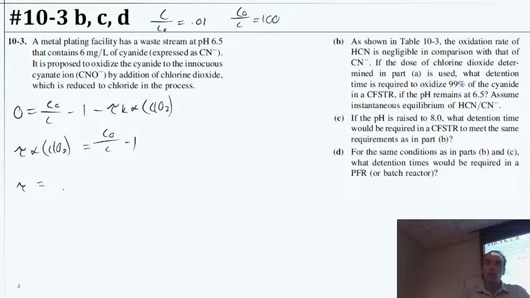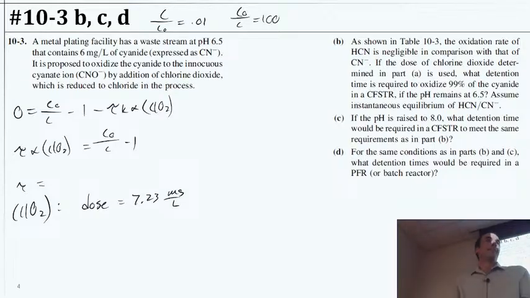All right, so when we solve this from here, well, we need the chlorine dioxide dose, right? So what is ClO2? We already described that the dose was provided in part A as 7.23 milligrams per liter to leave a residual.